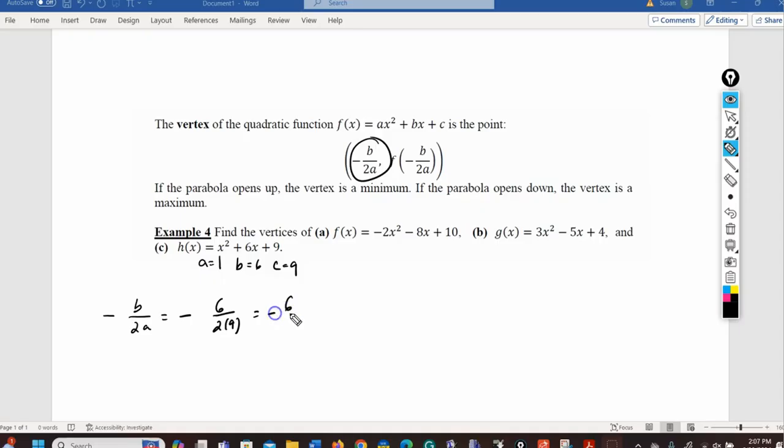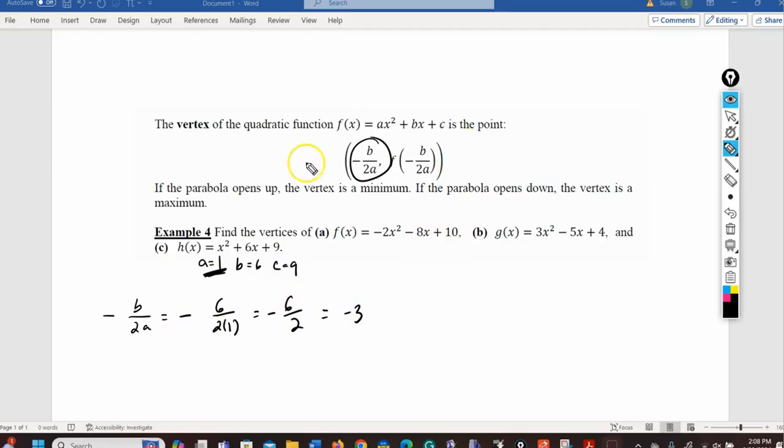So that'll be the negative of 6/18. No, sorry, I just messed up there. It should be 2 times A, and A is 1. I mistakenly wrote C. And so I'm going to have negative 6 over 2 times 1, which is 2, which is negative 3.